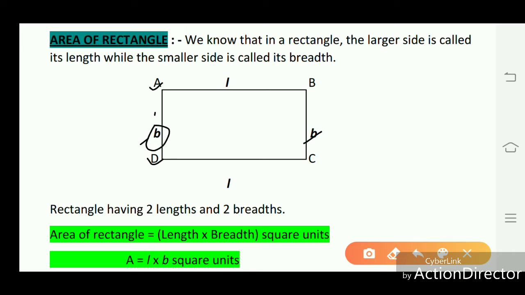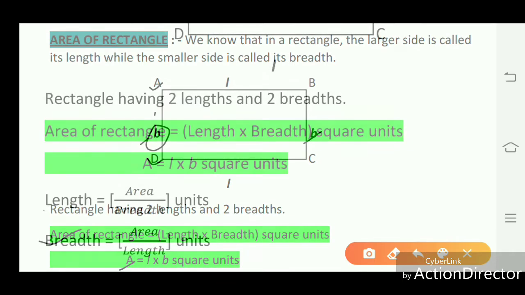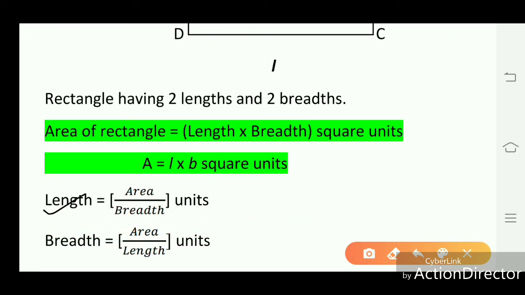A rectangle has two lengths and two breadths. Area of rectangle equals length into breadth square units, also written as L into B. A equals L into B square units. Length equals area upon breadth units, and breadth equals area upon length units.